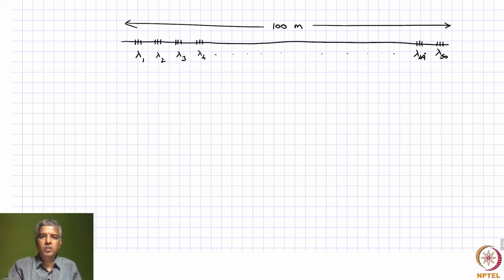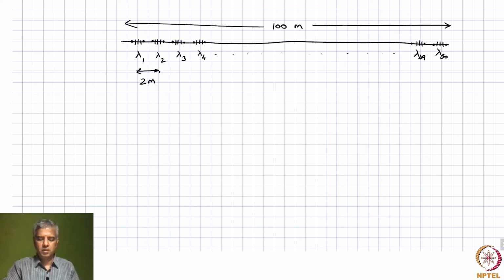Then you can possibly integrate them with one broadband source. What we are talking about here is the physical location of these gratings. Let's say these are attached to the structure, attached to the bridge at these locations, and these physical locations are separated by 2 meters.